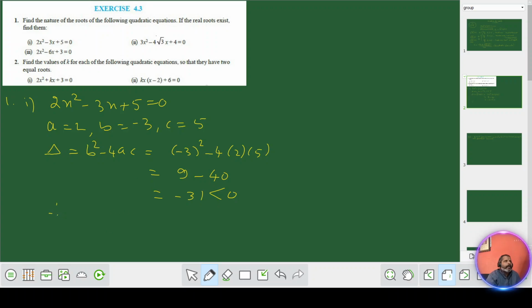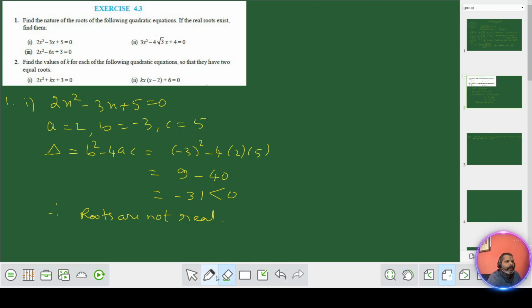Therefore, they have asked if the real roots exist. Here, the roots are not real. So no need to find them, because they are imaginary roots. We cannot find the imaginary roots at this moment. Okay, this is the first question.